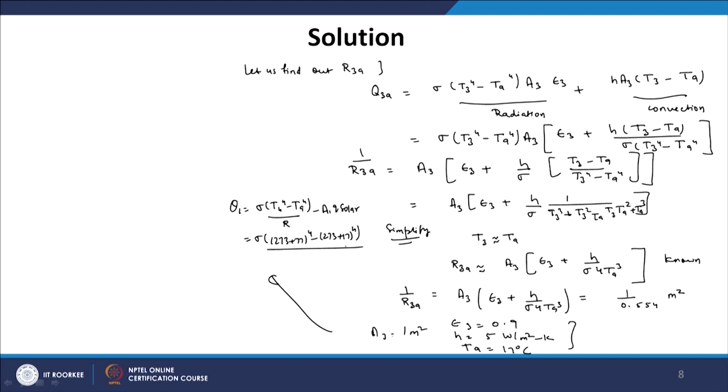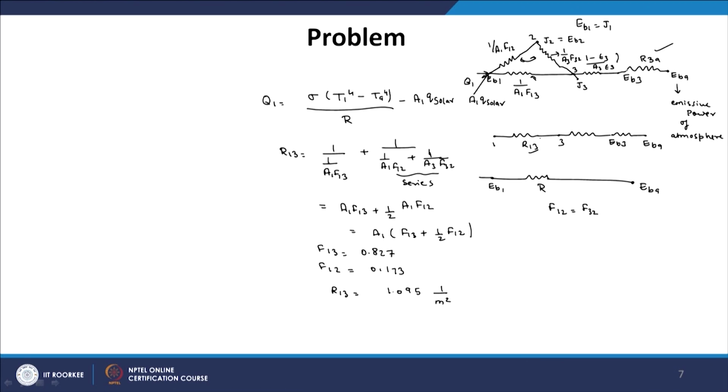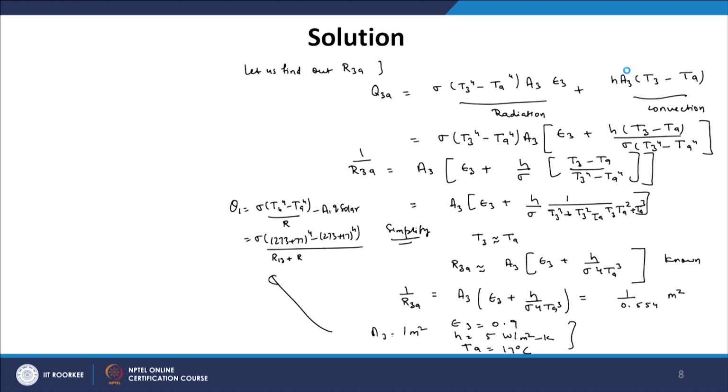Combined resistance, now they are in series. So, we have to just add the 3 resistances: R13 plus this resistance 1 minus epsilon 3 upon A3 epsilon 3 and R3A, and then we have to multiply by A1 and Q solar.